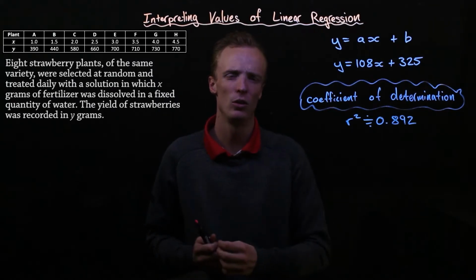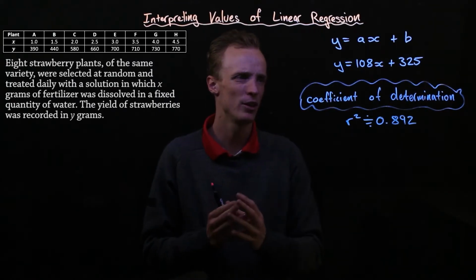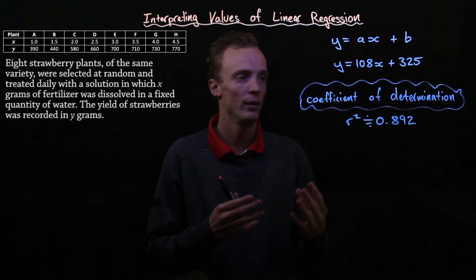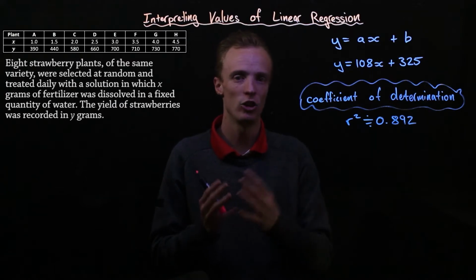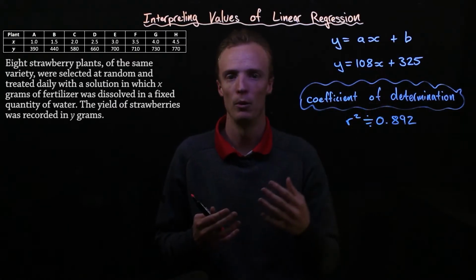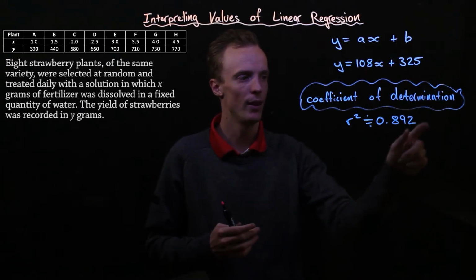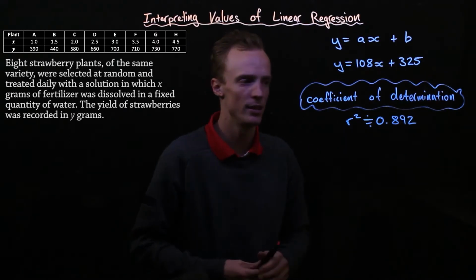But it can also be used to explain how much of the change in our y variable, the response variable, was due to our change in the x variable, which is our explanatory variable. And we can do that by looking at this value here and representing it as a percentage.